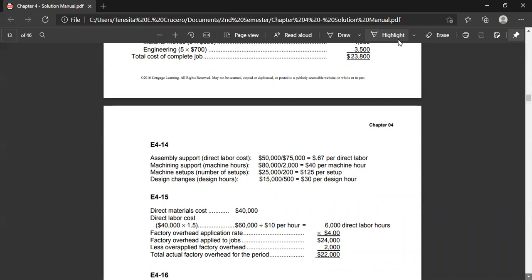So, for assembly support, assembly is one of the producing departments. So, we are now going to use direct labor cost: $50,000 divided by $75,000.